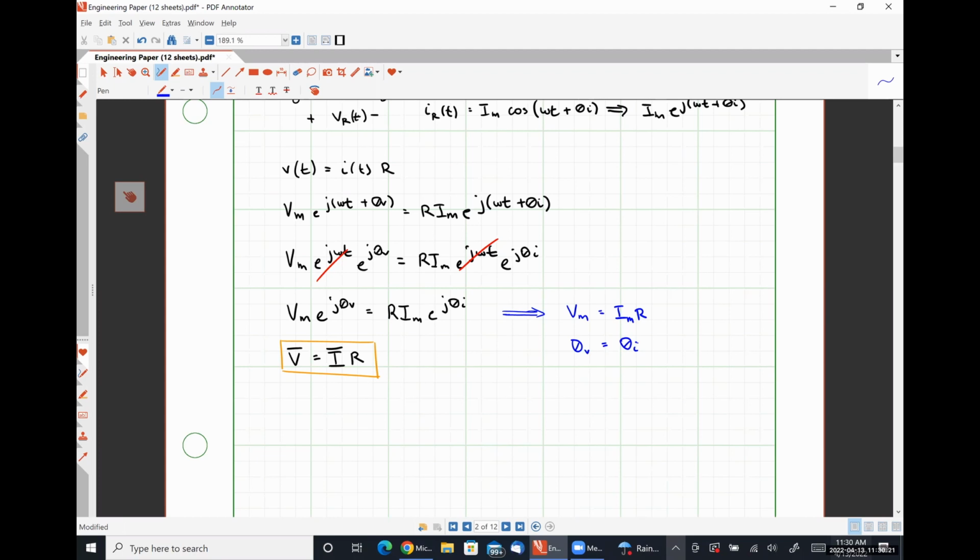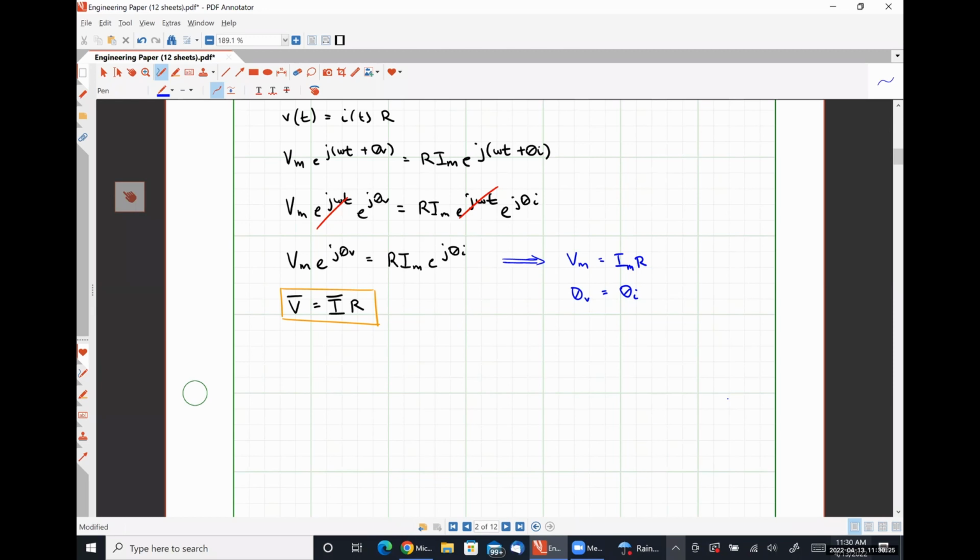Okay. So what we're going to talk about next is an inductor.